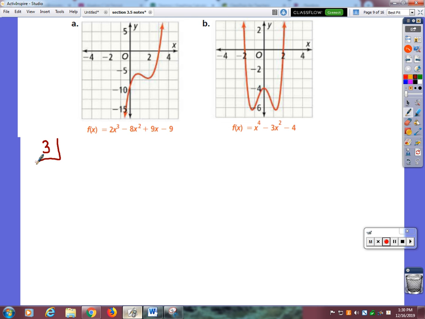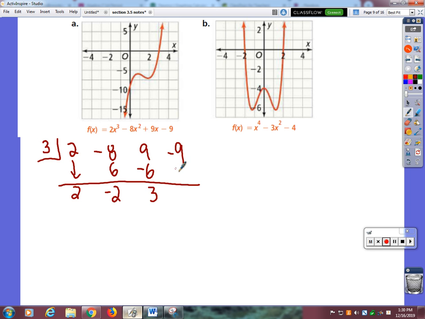Now I'm going to find out what the other 2 are, and I'm going to do that by first using synthetic division. So 2, negative 8, 9, negative 9. Bring down the 2. 3 times 2 is 6. Negative 2, negative 6, 3, 9, and 0.